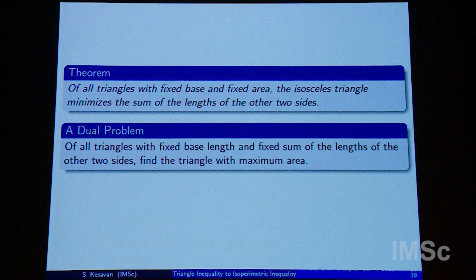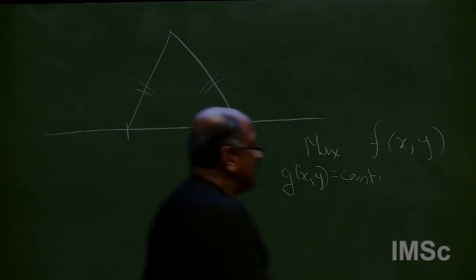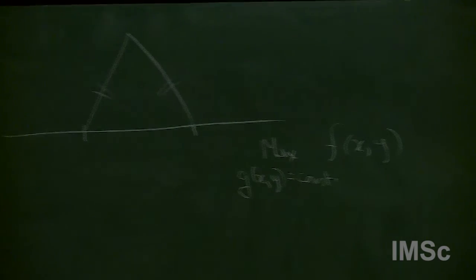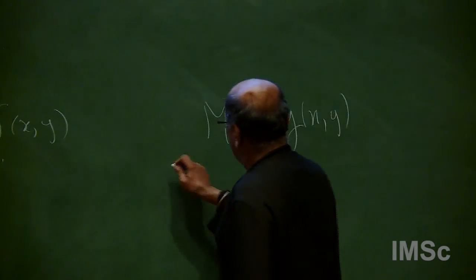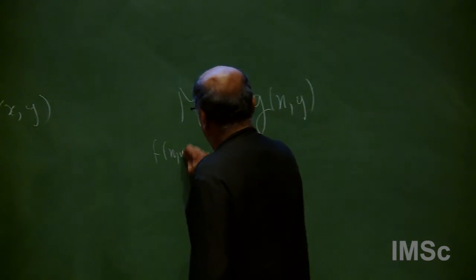This is a typical kind of constrained optimization problem which you get. This is the condition, this is the constraint. Subject to this, I want to maximize f of xy. Then there is a dual problem which says minimize g of xy such that f of xy is a constant.